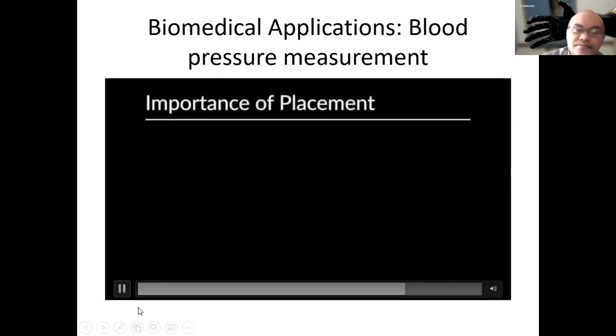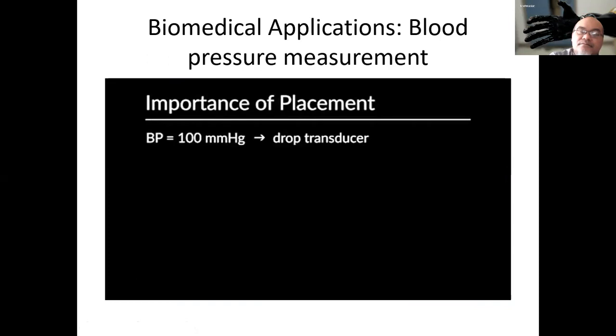Now, with an A-line, that might not be so important. If your arterial blood pressure is 100 and I drop the transducer on the floor, I may raise your arterial blood pressure by, say, 15 or 20 millimeters of mercury, which is substantial, but not a huge amount. Where it becomes more important is the central venous pressure transducer.